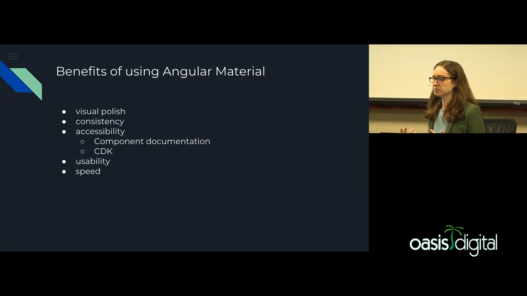But then there's also the speed of designing your app, where you don't have to decide what each button or each form is going to look like. There are guidelines in the design system to help you not have to make quite as many decisions.